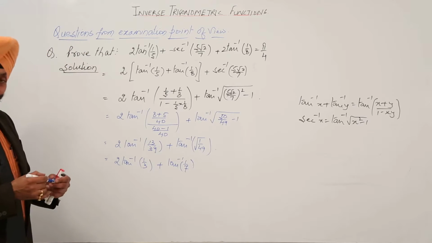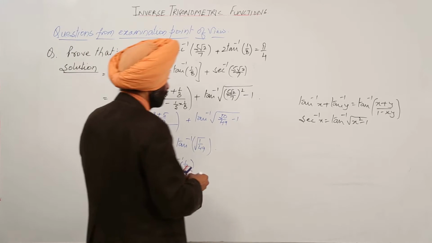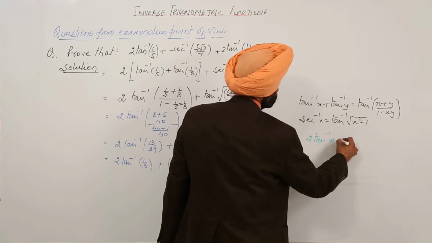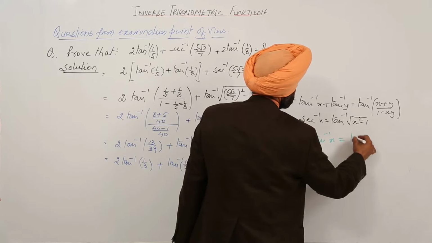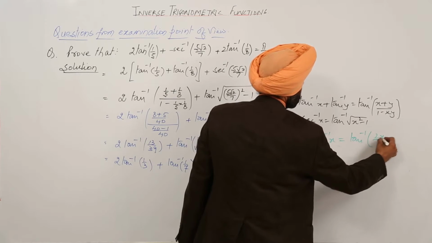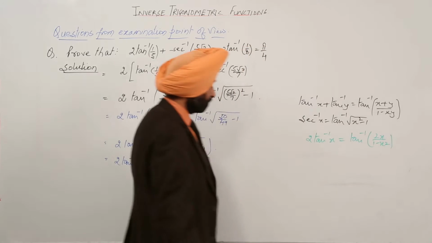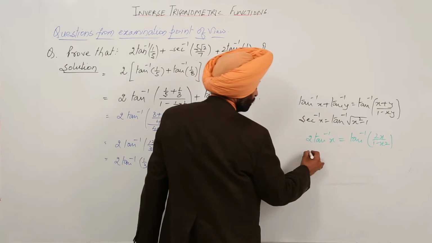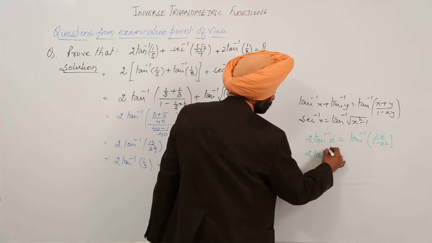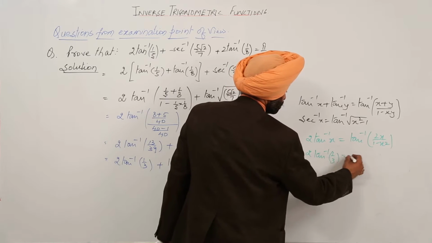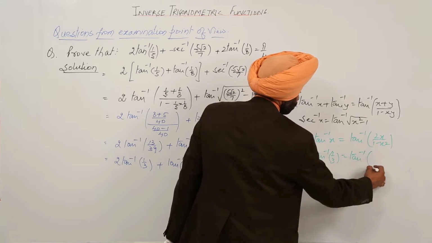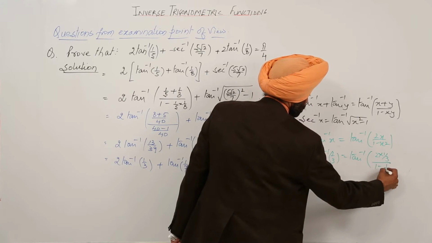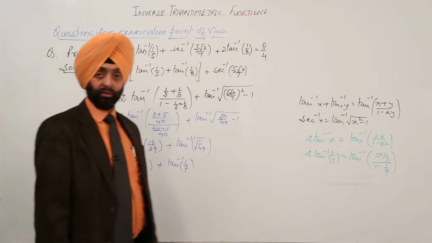Okay, now 2 tan inverse 1 by 3. What can we write for this part? 2 tan inverse x is equal to tan inverse 2x upon 1 minus x square. Using this, x is 1 by 3. So 2 tan inverse 1 by 3 is equal to tan inverse 2 times 1 by 3 upon 1 minus 1 by 9. Simple thing.